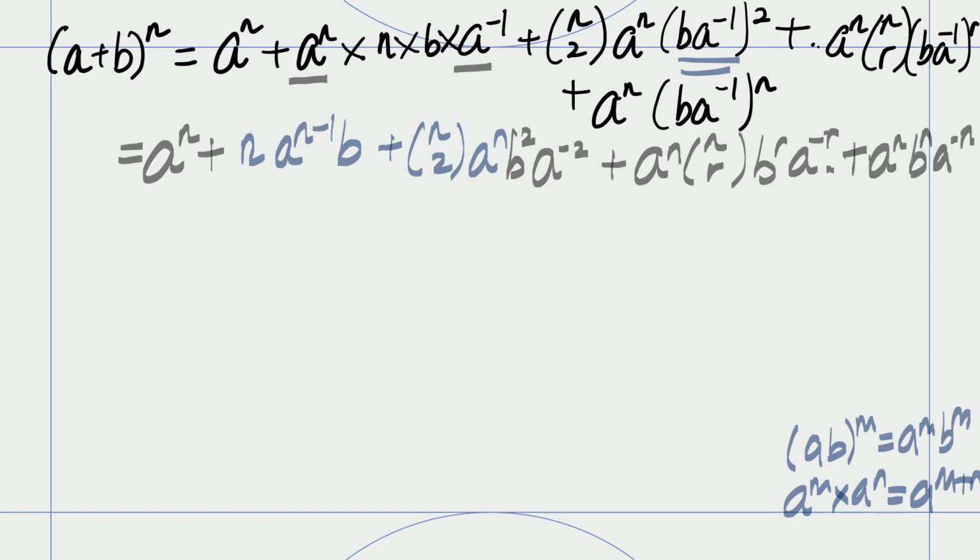Alright, so let's simplify further. I would have a to the power of n. Now recall that n choose 0 is just n choose 1. n choose 1 will give you n. Remember what we did for 6 choose 1, you get 6, 5 choose 1, you get 5. So n is n choose 1.